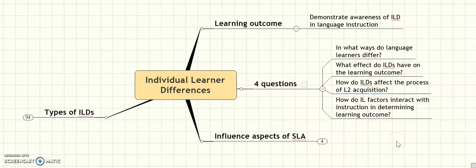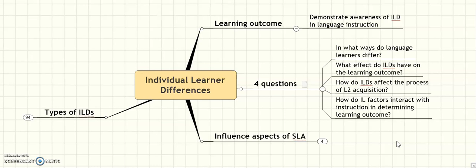When we study individual learner differences, there are 4 questions that we usually want to address. The first question is, in what ways do language learners differ?